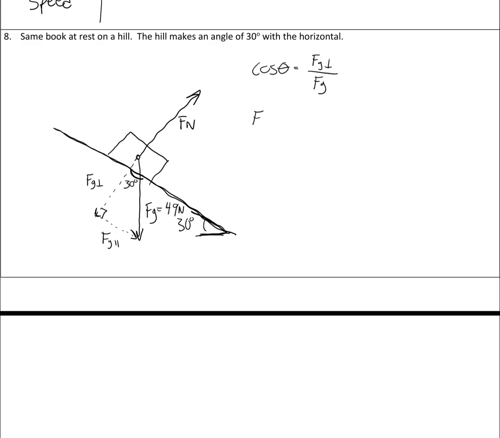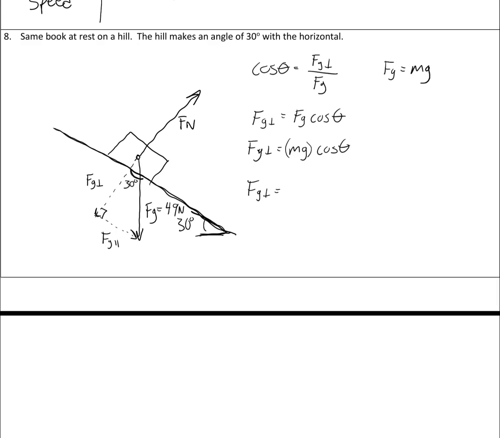You could also write that as FG perpendicular is equal to FG cosine theta. And remember, FG is equal to MG. So FG perpendicular is equal to MG times cosine theta.